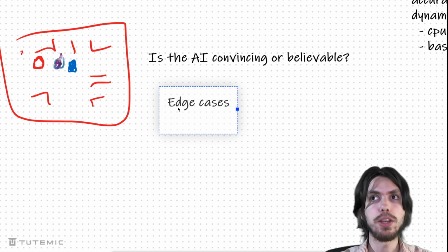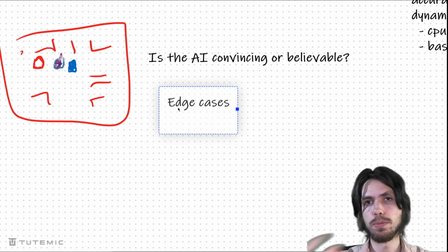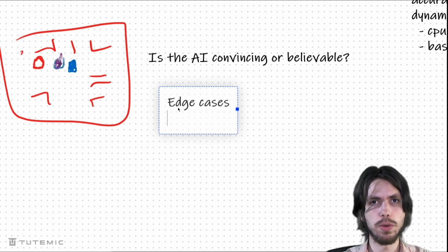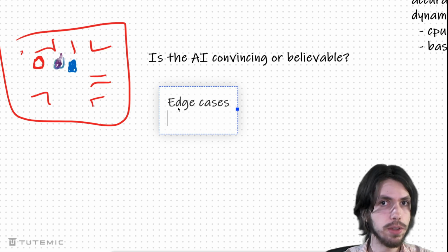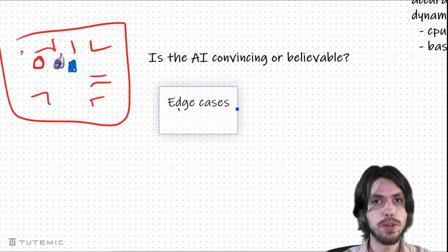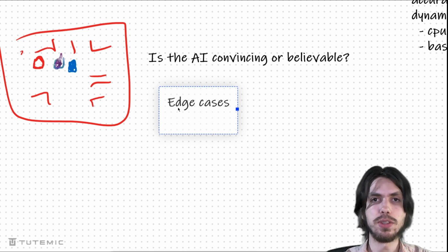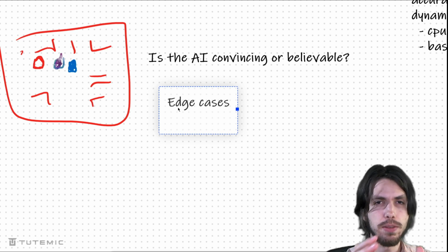But even more edge cases crop up as soon as you start getting reports back from the playtesting, right? The playtesters are going to be like, there's a lot of problems with the enemies running into walls and things like that. And then you have to sometimes tweak these. Even if you have a great pathfinding algorithm, sometimes you're going to have edge cases where just the blend of these different elements doesn't work correctly, and you have to fudge in these specific scenarios.